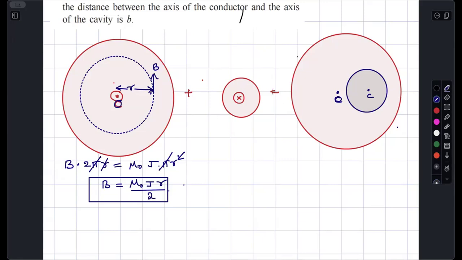Upwards. At this point, B is equal to 0. Let this be B1. Let this be B2. So at the center, you will have B1, and B2 is 0, so B net is B1 plus B2, which is nothing but mu naught J R by 2. In this case, R is the distance between them.